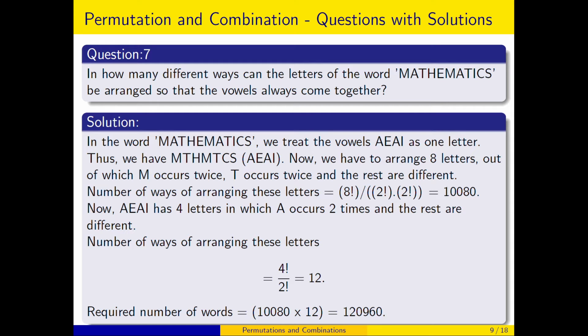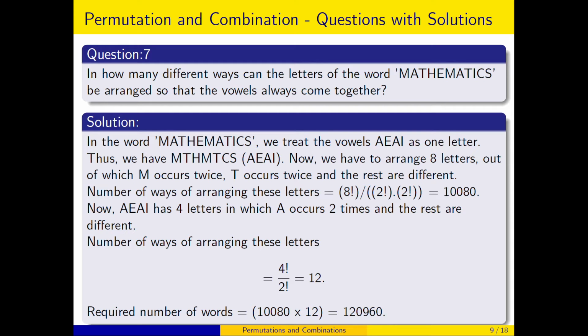Next question: in how many different ways can the letters of the word MATHEMATICS be arranged so that the vowels always come together? This sum is also the same as the previous question. In the word MATHEMATICS, we treat the vowels A, E, A, I as one letter.